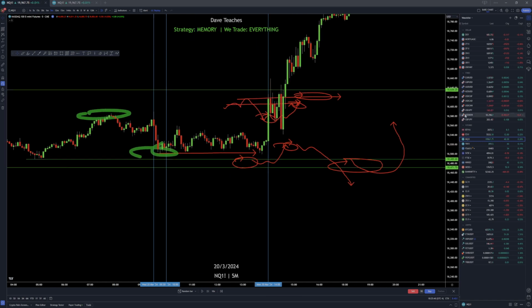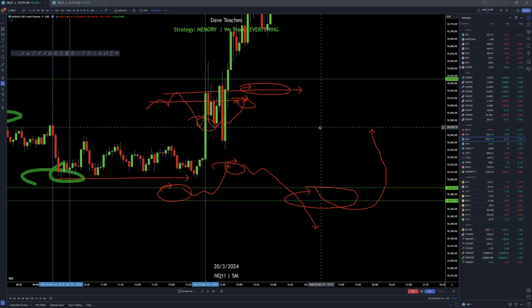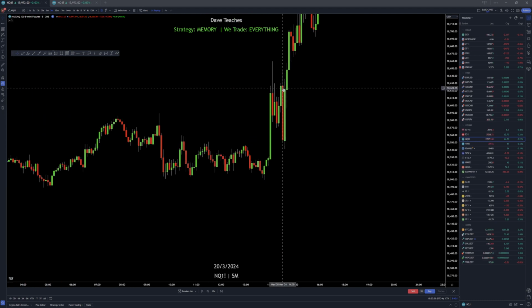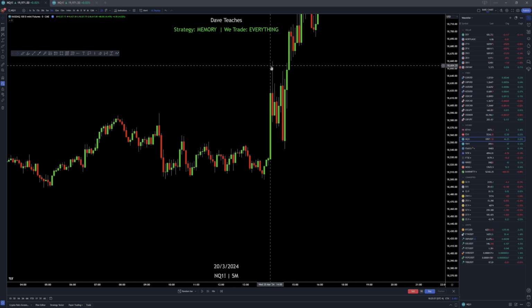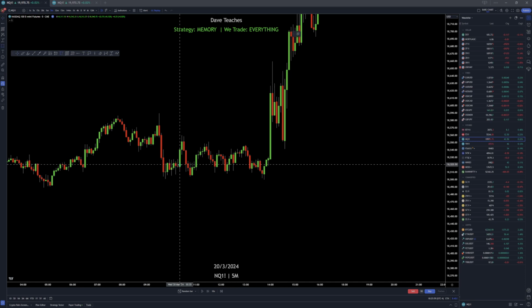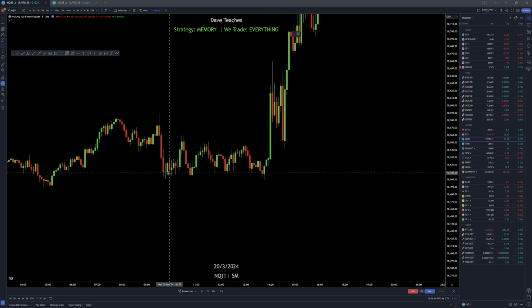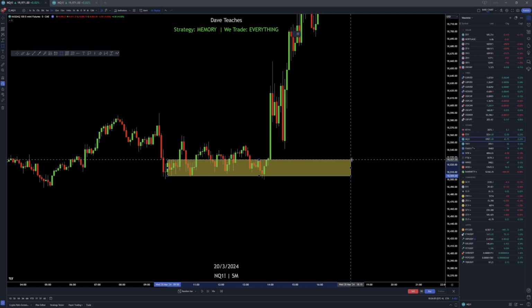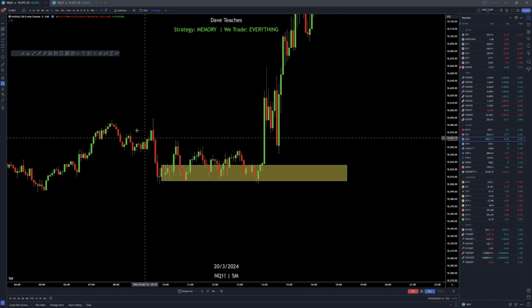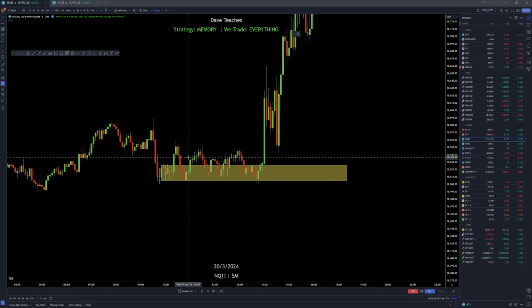But if we look at where we tried to time our shorts, up above here, heading back to that 10 o'clock right there. Remember I said you need candle closures?